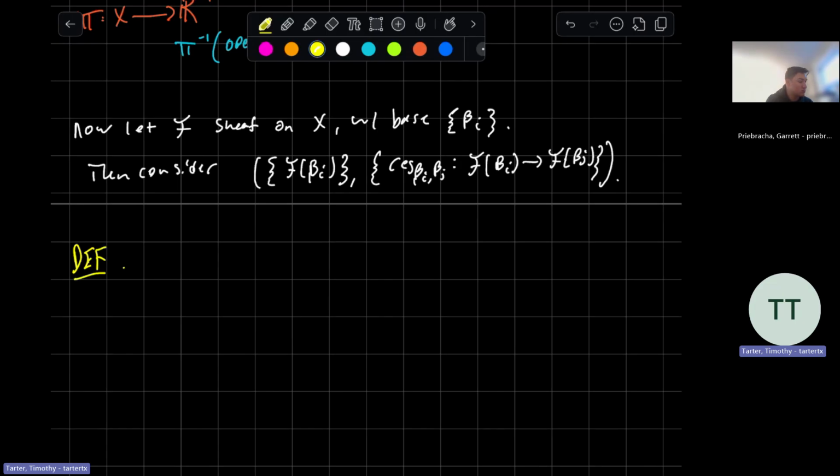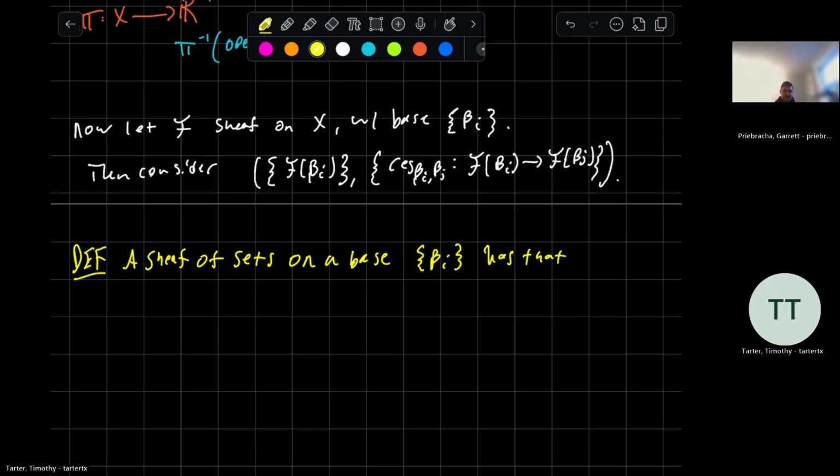Definition. A sheaf of sets on a base B_i has that, and I'm just going to break this into a bunch of parts.